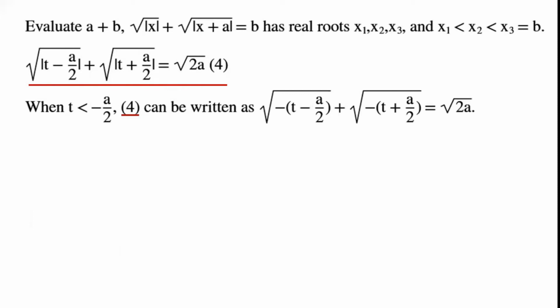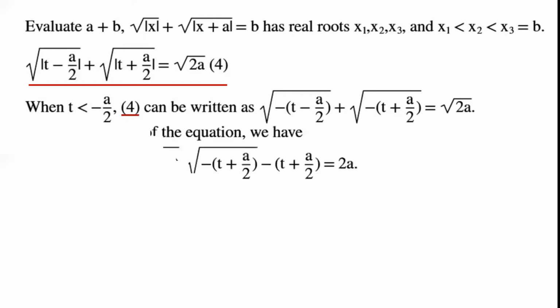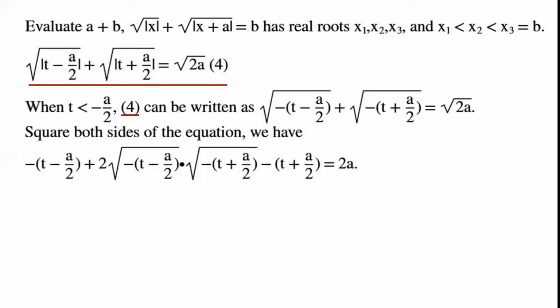When t is less than minus a over 2, equation 4 can be written as root of minus t minus a over 2 plus root of minus t plus a over 2 equals root 2a. Square both sides of the equation.